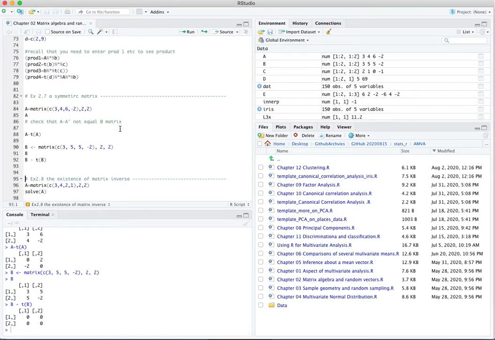Another very important concept of matrix operation is the inverse. It's kind of like a solver for the matrix, especially related to linear regression or other types of operations.